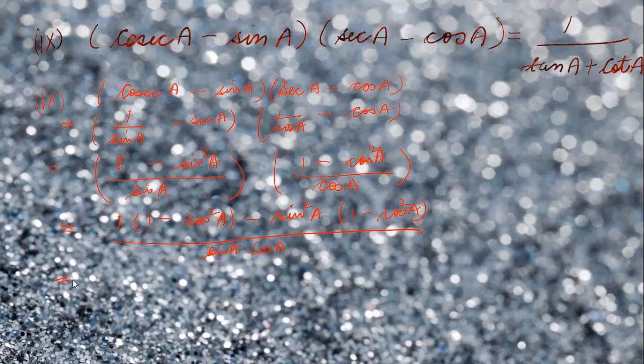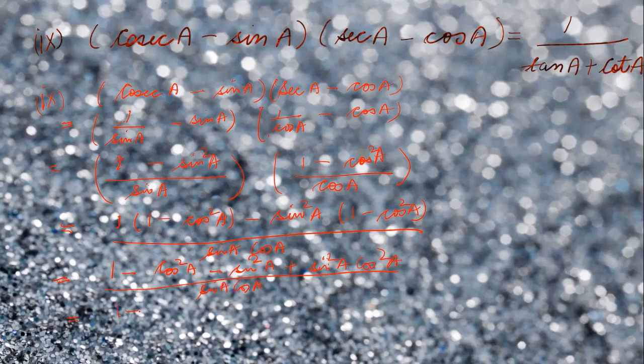or you can write it as 1 minus cos square a minus sin square a plus sin square a cos square a, okay, divided by sin a cos a.